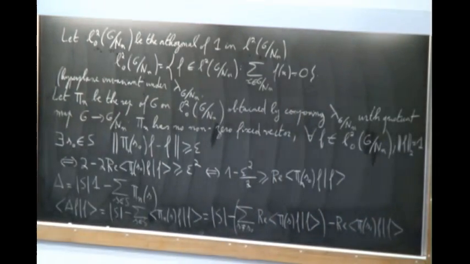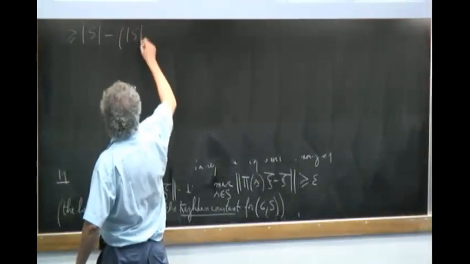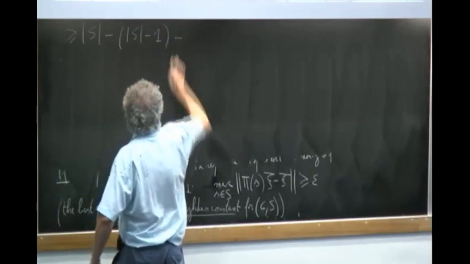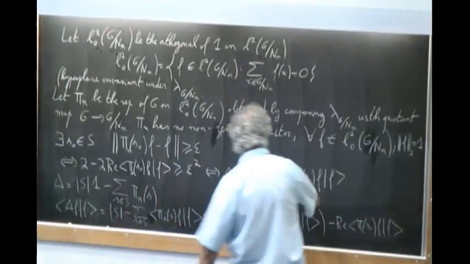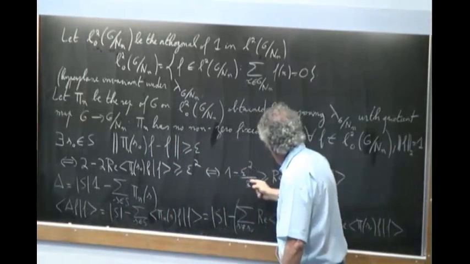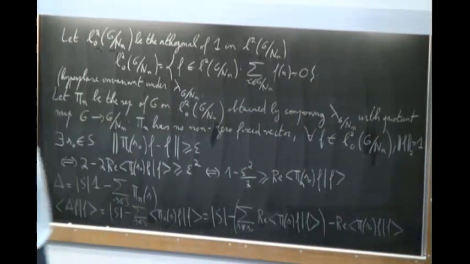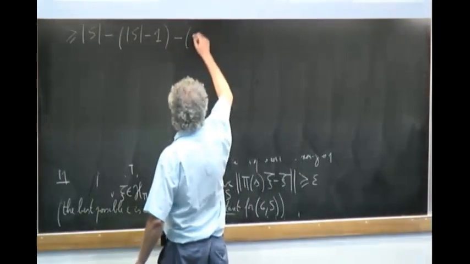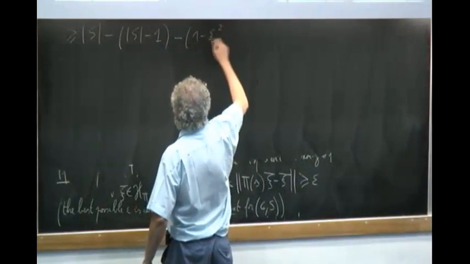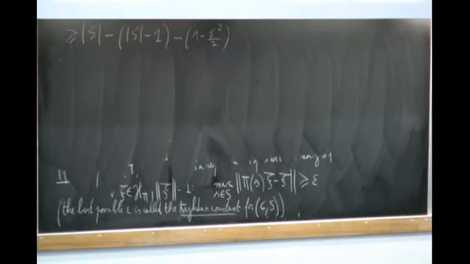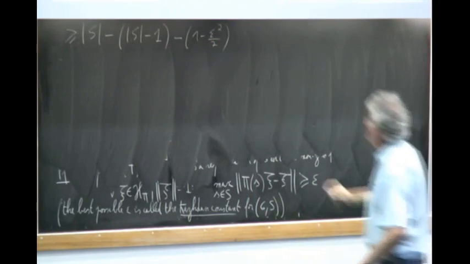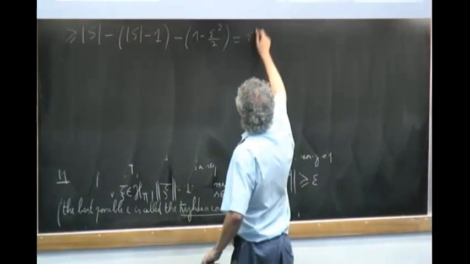So here I will have the cardinality of S minus 1. And the final term is less or equal to 1 minus epsilon squared over 2. And I think that when the dust settles, you get exactly epsilon squared over 2.